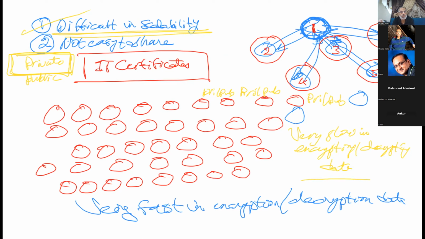Usually, gentlemen, we use the two methods together for encryption. In encryption, we will have two phases, phase number 1 and phase number 2.